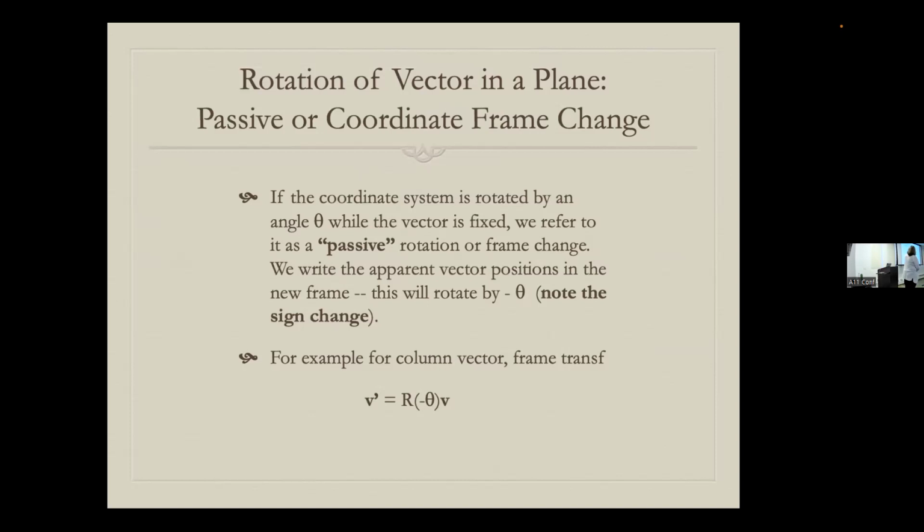That is called a passive rotation or a frame change, and we write the apparent vector positions in the new frame. If the frame itself involved, like going from the lab to the principal axis, involved rotation by theta, then rewriting everything will be unwinding that by minus theta, okay? Does that make sense to everybody?